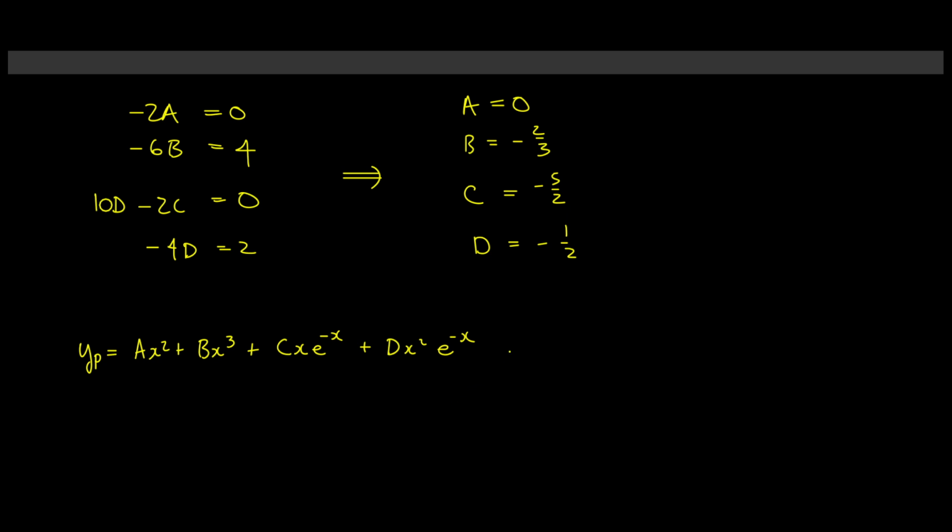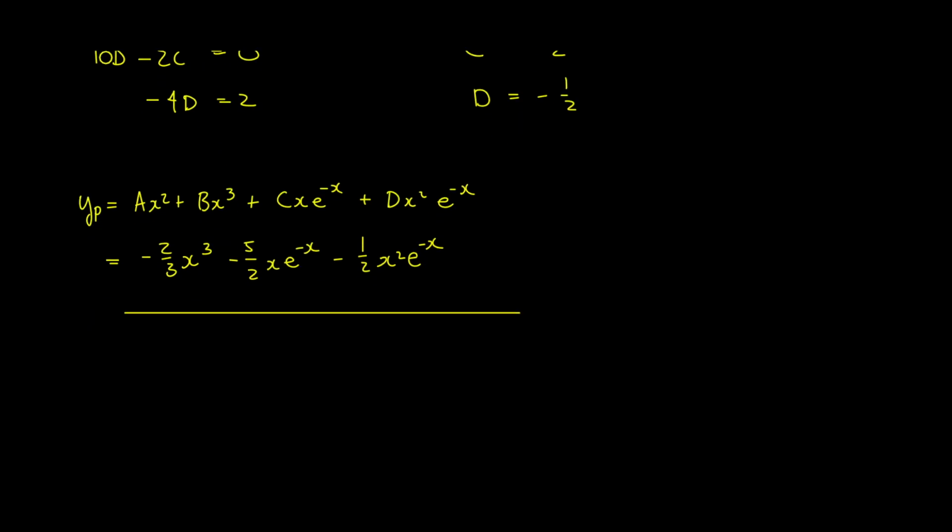Great. So we have the coefficients, and since a is 0 and b is negative 2 over 3, we get negative 2 over 3 x cubed, minus 5 over 2 x e to the negative x, minus a half x squared e to the negative x. And so that's our particular solution.